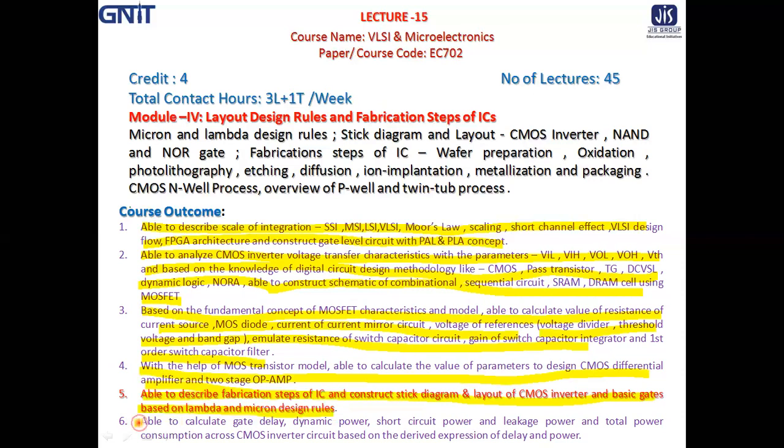Sixth is being able to calculate gate delay, dynamic power, short circuit power, leakage power and total power consumption across the CMOS circuit, based on the derived expressions of delay and power.